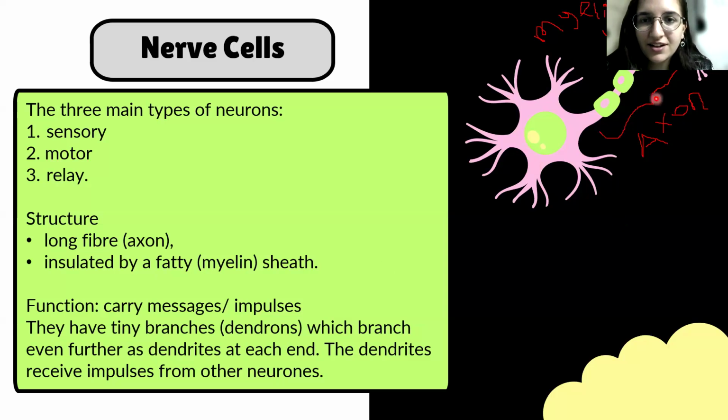You have the axon, the myelin sheath, and these funny tentacles here. They have a name as well. Let me just write it down for you, though it's not here in the slides. These tentacles here are called the dendrites. D-E-N-D.